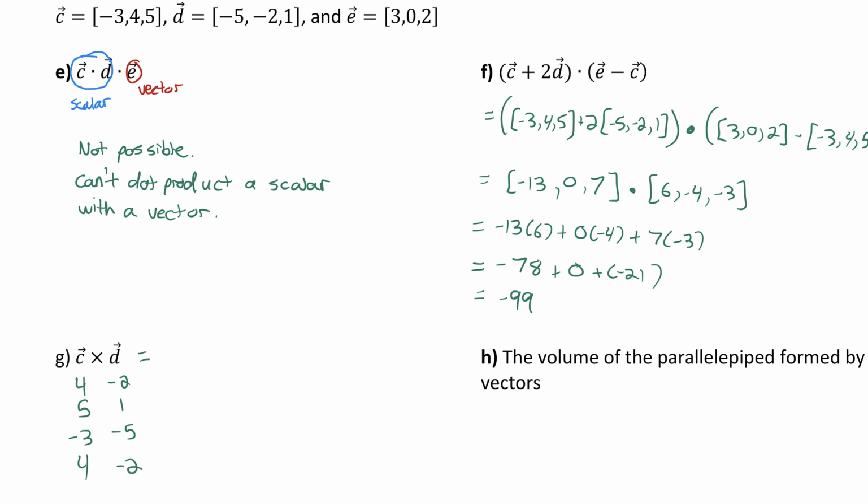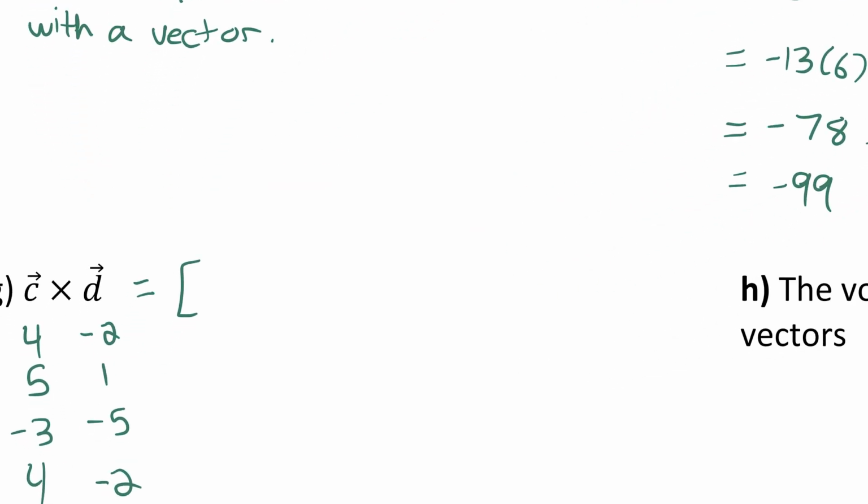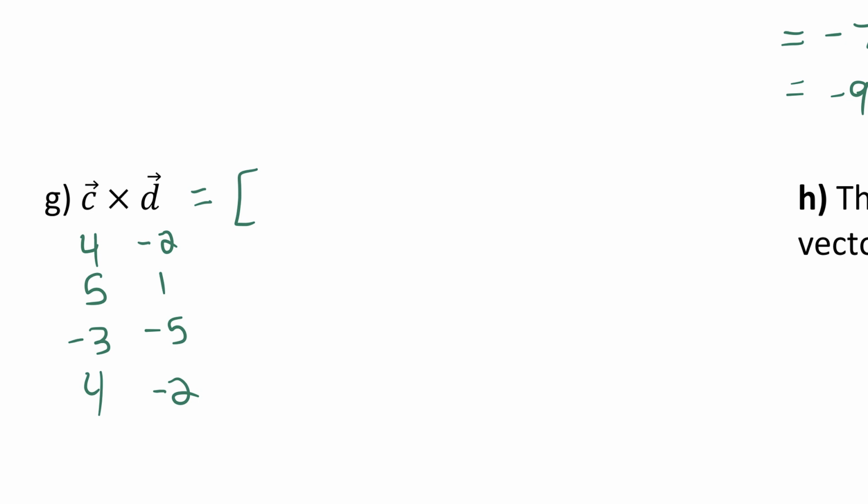And when I do cross product, I'm going to get a vector answer. To get the x component of the vector, I'm going to do 4 times 1 minus 5 times -2. So I've got 4 minus -10. That'll get me the x component. To get the y component, 5 times -5 minus -3 times 1.